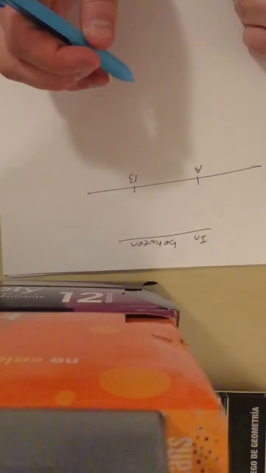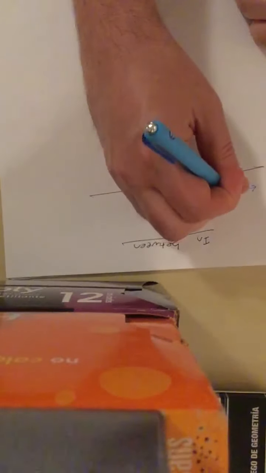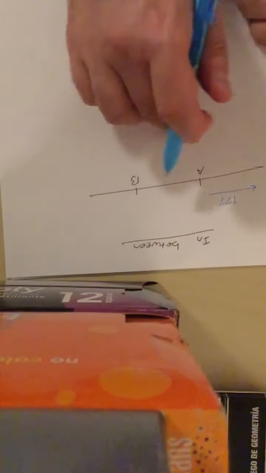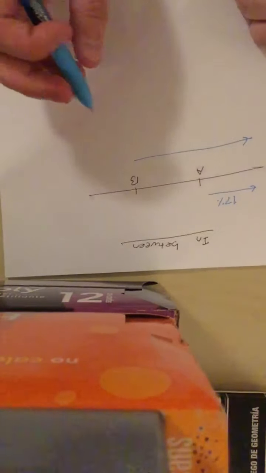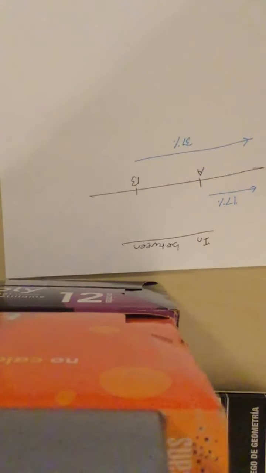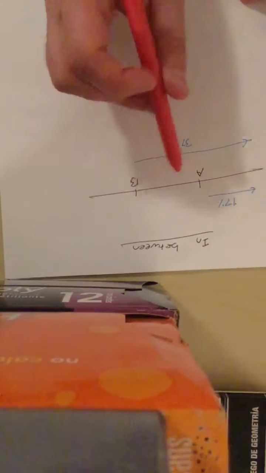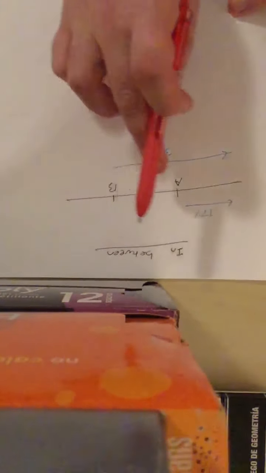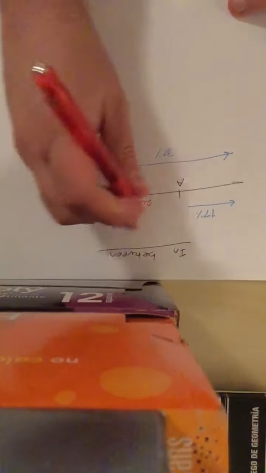So let's say, for example, there's a 17% probability of being less than A, and a 37% probability of being less than B. And my question is, what is the probability of being between here and here? If that's 17 and that whole thing is 37, then the probability of being between here and here is, of course, going to be 20%.